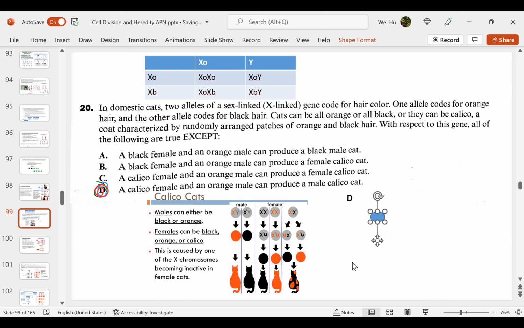Good. The answer is D, because we said the boy cannot be a calico cat. They cannot be multiple colors.